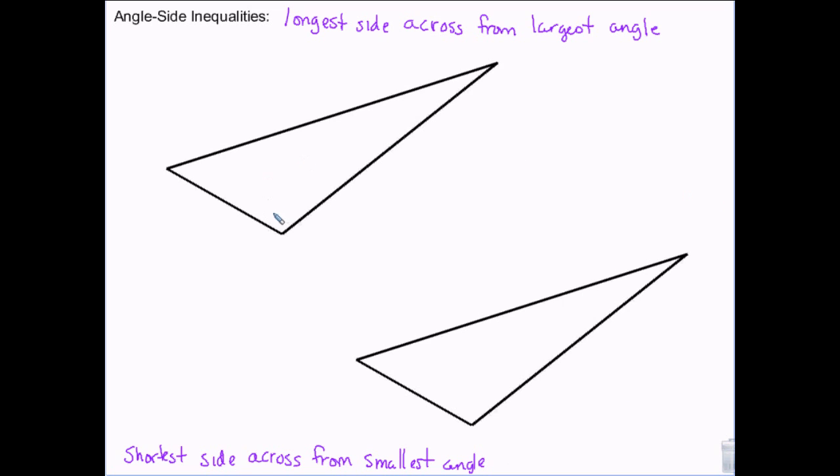So if this is my largest angle, this is my longest side. If this is my smallest angle, this is my shortest side.